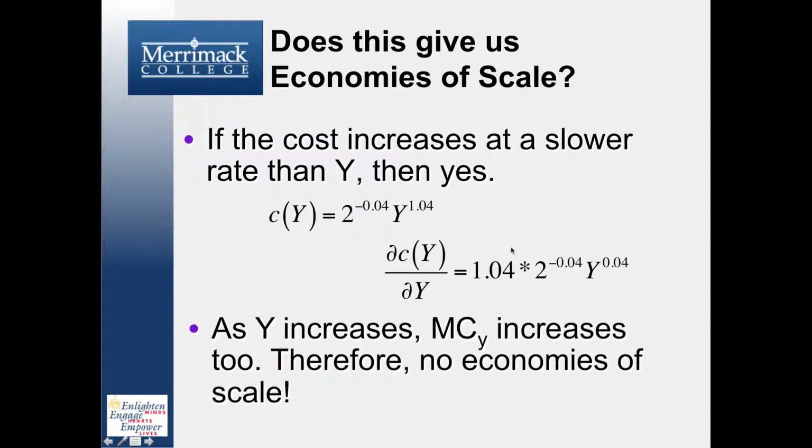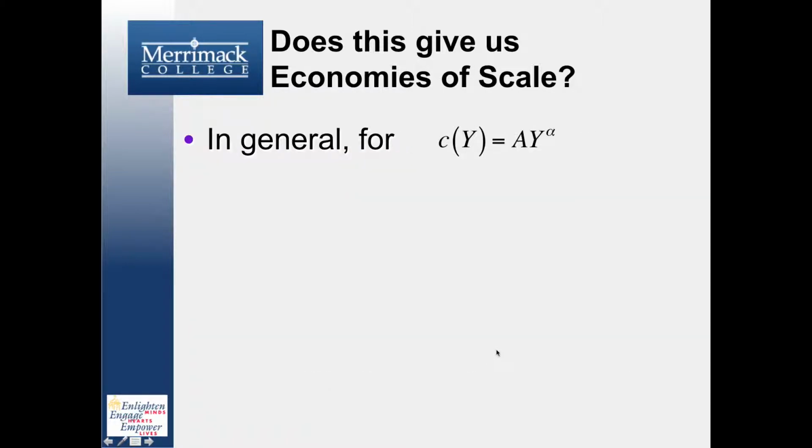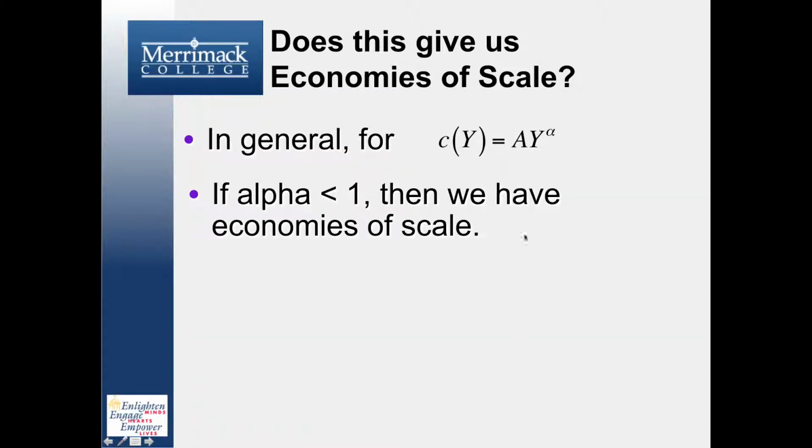So let's take a look at this. Well, you can see right away as y increases, the marginal cost decreases. Increases also. And I did it over here with all of the numbers. But this is the general rule. If alpha is less than 1, then we have economies of scale.